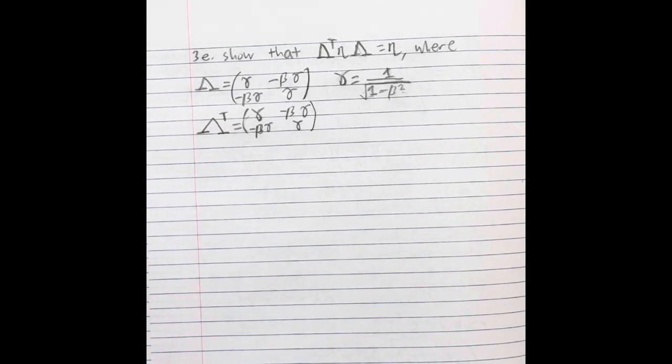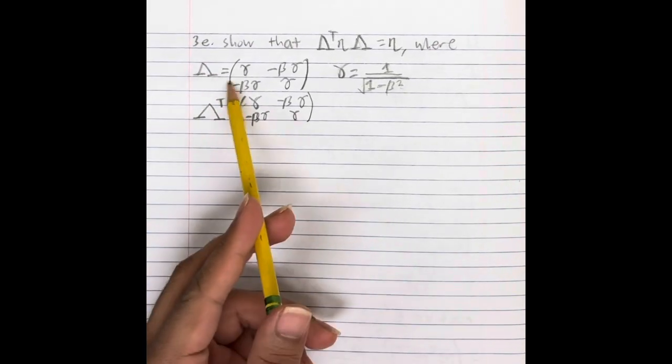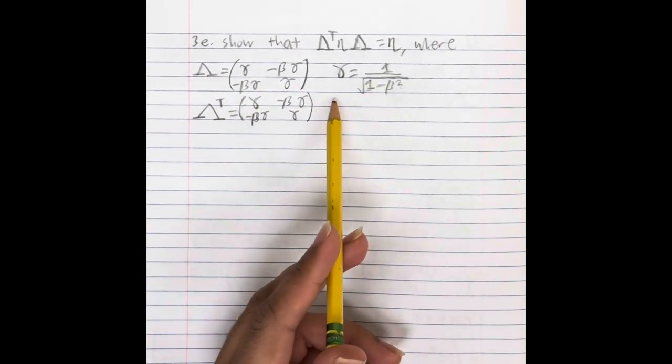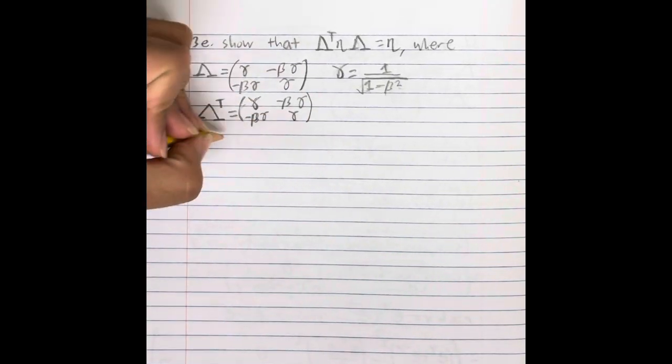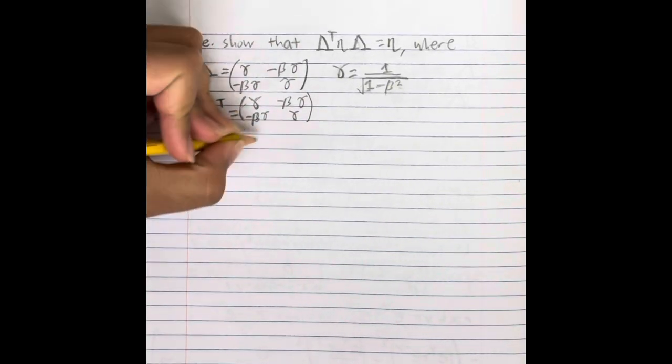Question 3e asks us to do the exact same thing, but with lambda equaling something a little different, as shown here. This gamma is equivalent to 1 over the square root of 1 minus beta squared. Following a similar process to last time, we can write it out as follows.